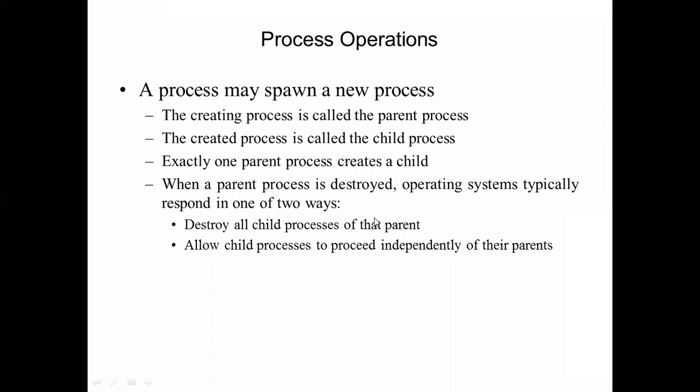Suppose the root process is destroyed, then what happens? Either it destroys all child processes of that parent, or it allows child processes to proceed independently of their parents, so they can now work independently.